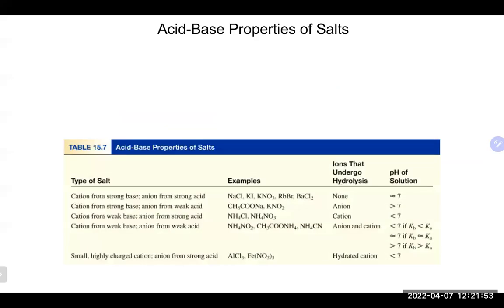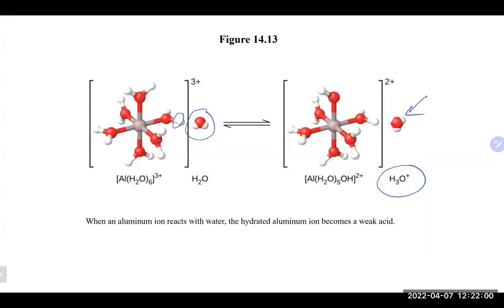Now, up until this point, we've talked about salts where only one part of the salt goes through hydrolysis. It is possible, for example, maybe if you had something like, say, ammonium fluoride. If we take ammonium fluoride, that is going to give us two options, which is NH4 plus and F minus, right?